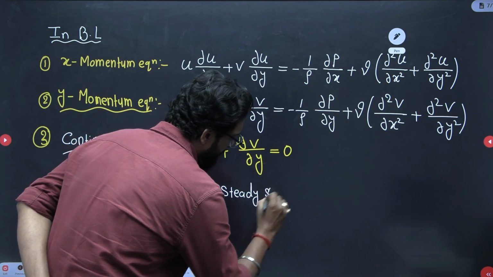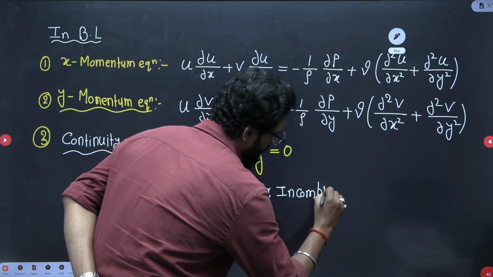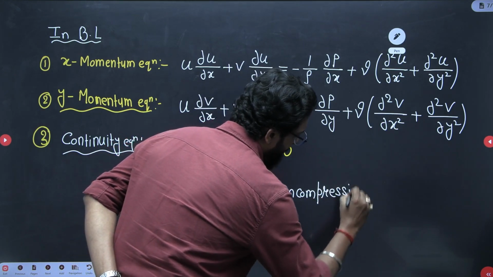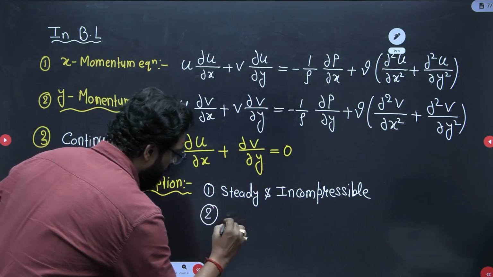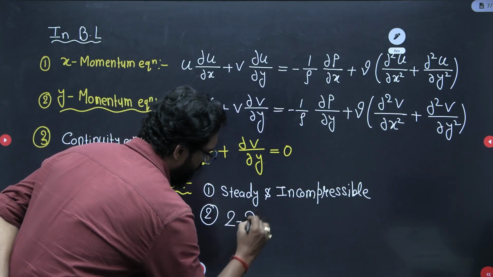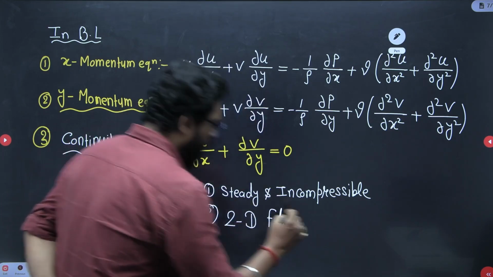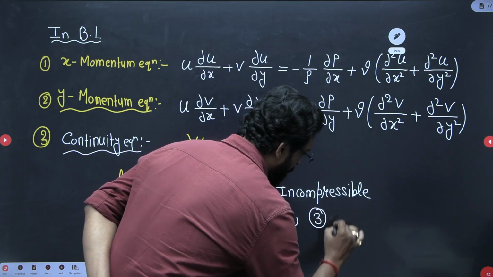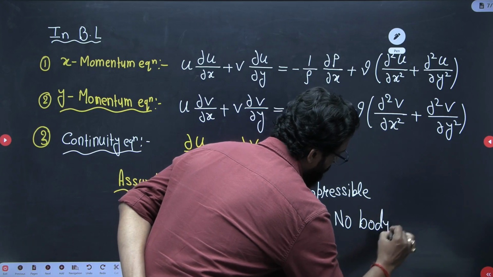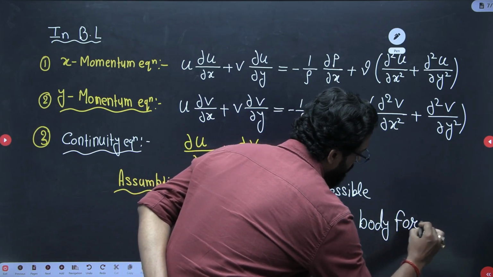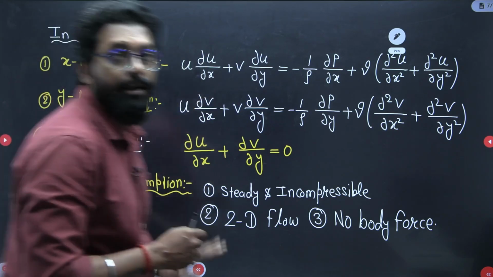The second one is two-dimensional flow, 2D flow. The third one is no body force. Okay, these are the assumptions of these equations.